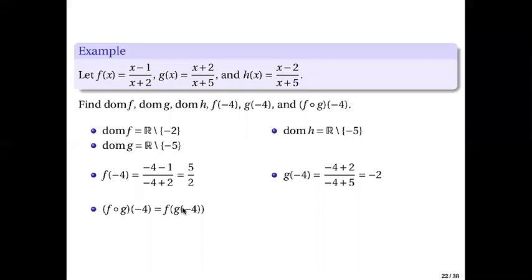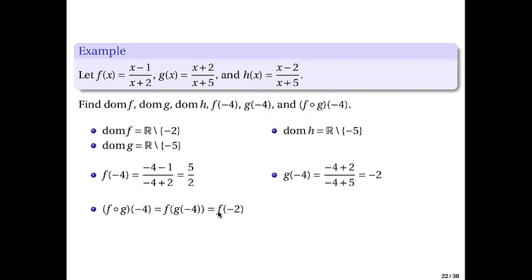So we replace g of negative 4 by negative 2. We now have f of negative 2. But notice, the domain of f is the set of real numbers except negative 2.